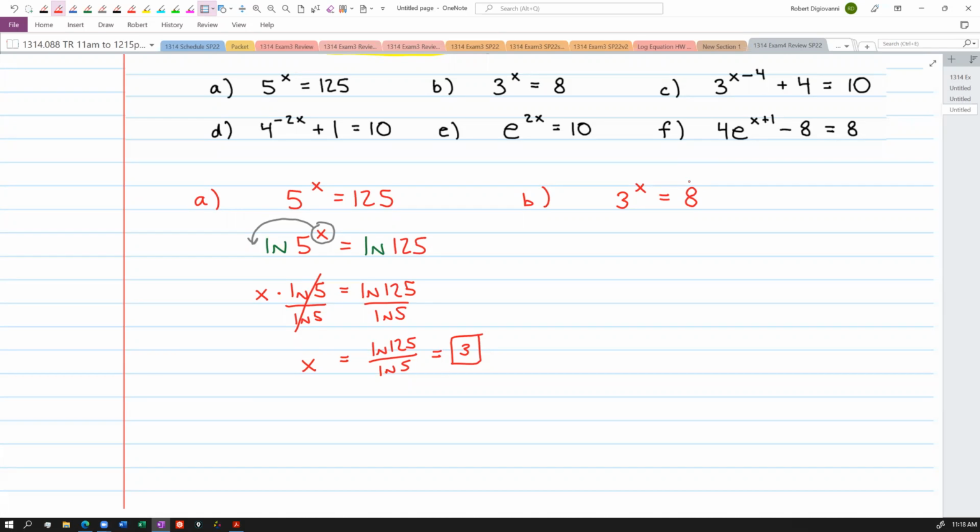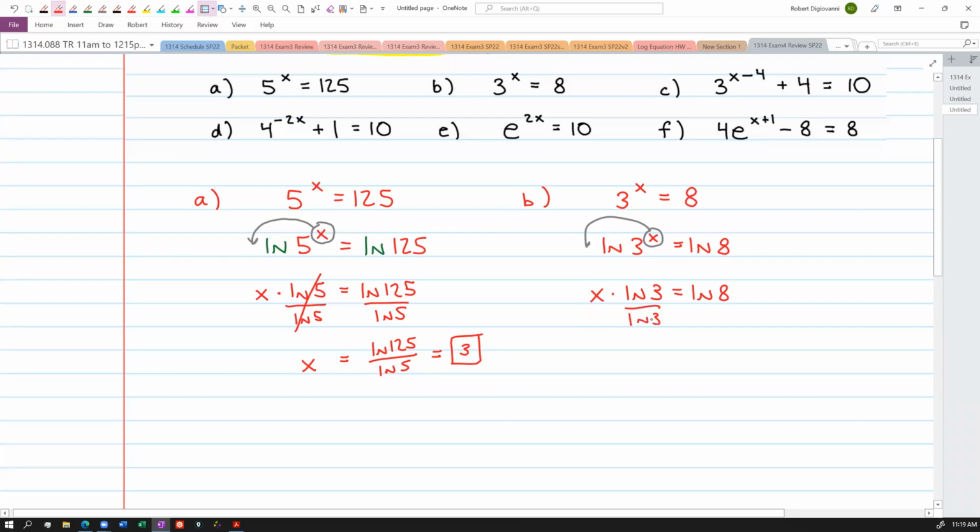I need my calculator. So I'm going to first start by taking the natural log on both sides. That then allows me to pull the x out front. So I get x times natural log 3 equals natural log 8. And again, divide both sides by natural log 3.